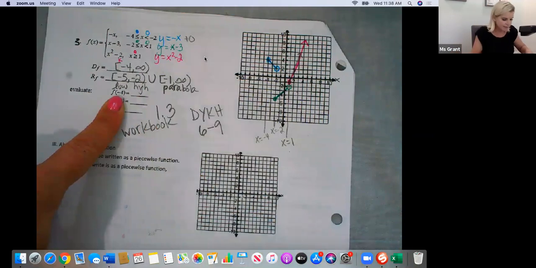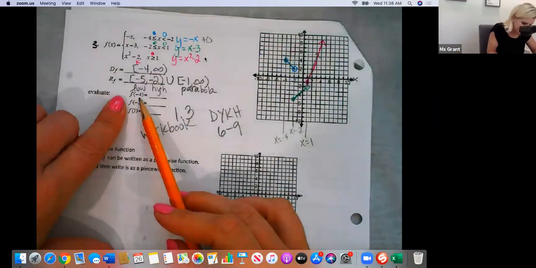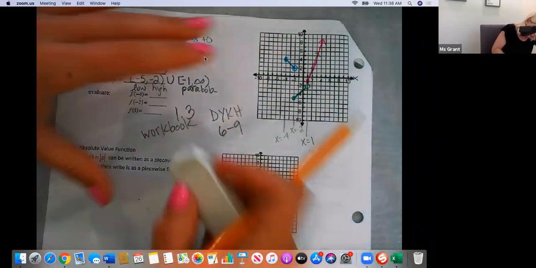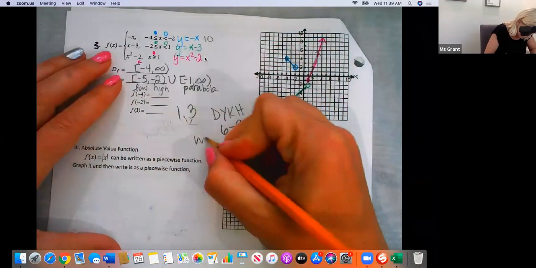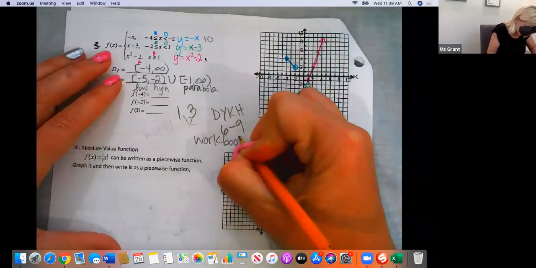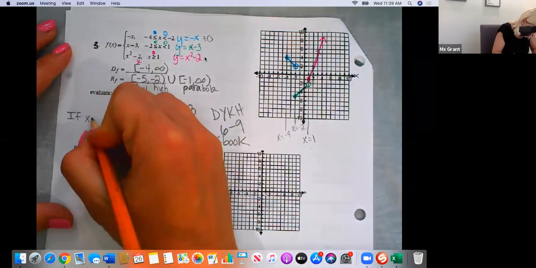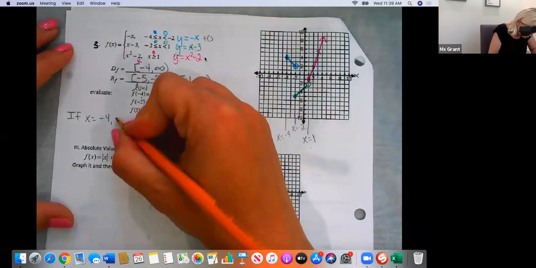Okay, f of x. So that means f of -4, x is -4. If x equals -4, what is y?